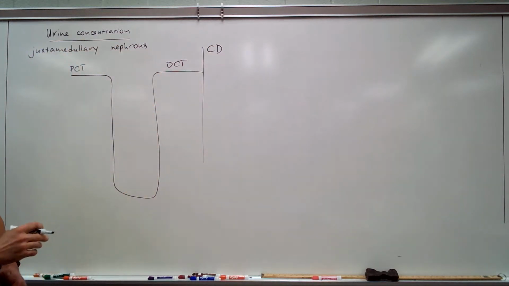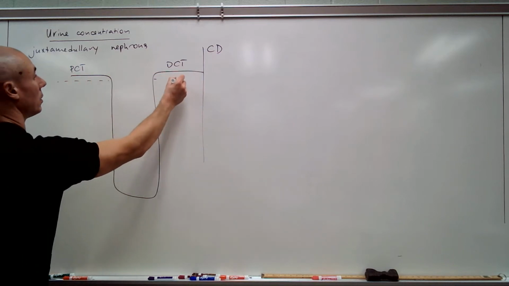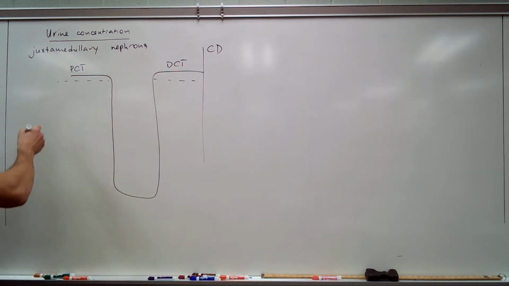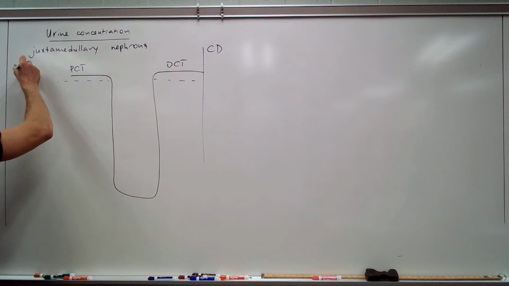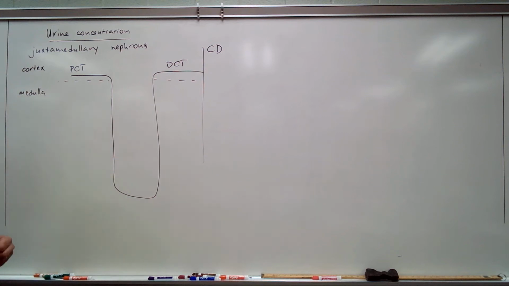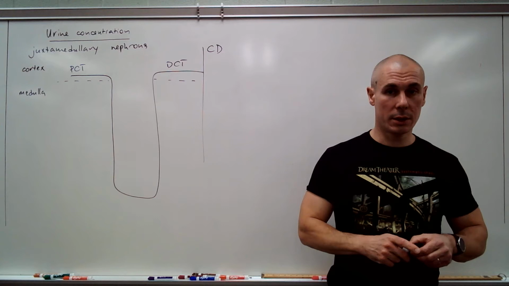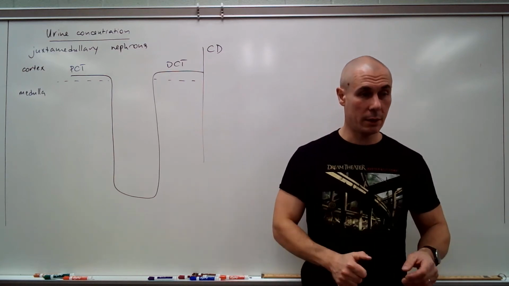This is loop of Henle. Right about here is the boundary between cortex and medulla. Okay. So I'm going to set up some environment here.